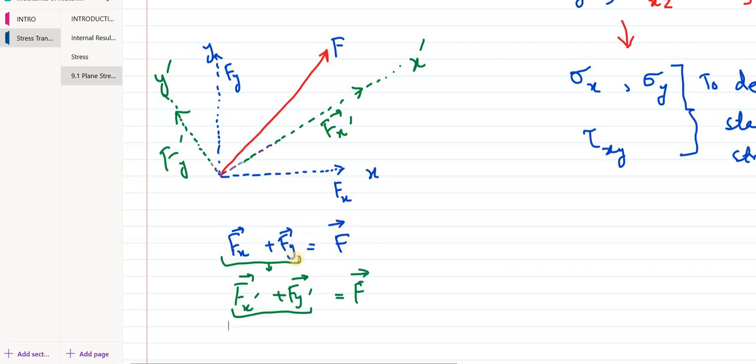But if you know the components of F in the xy system, and I ask you to transform these components into another system, Fx prime and Fy prime, tell me the components with respect to x prime, y prime direction, then you are actually transforming. This is transformation of components.